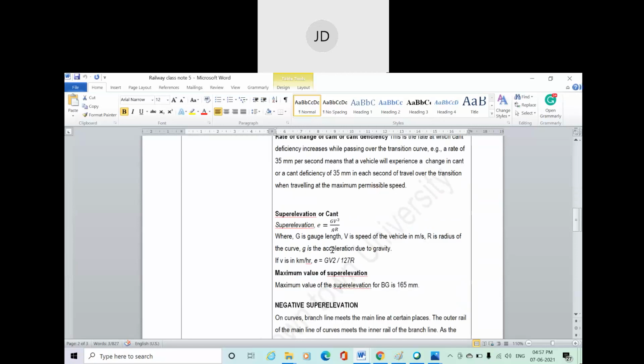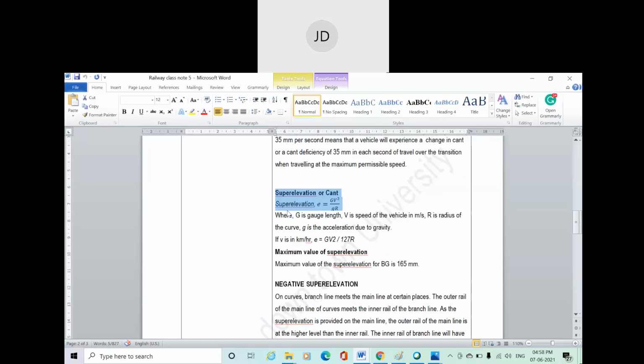Now, superelevation or cant is given by the formula e = GV squared by gR. We are going to discuss how it comes anyway, don't worry. Here G is the gauge length of the railway track, V is the speed of the train in meter per second, R is the radius of the curve, and small g is the acceleration due to gravity.